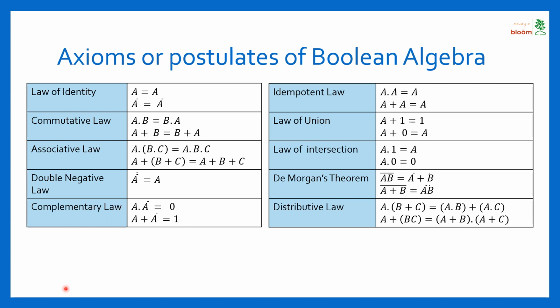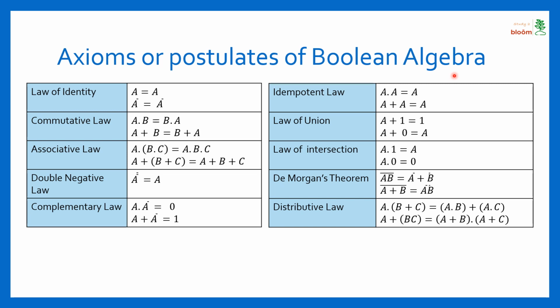If A is 1 and negative A is 0, then 1 into 0 is again 0. Here, if A is 1 and negative A is 0, then the addition, that is the OR gate, is 1.